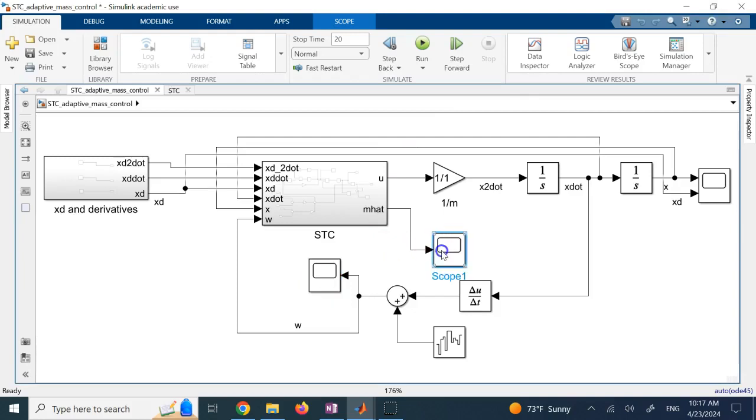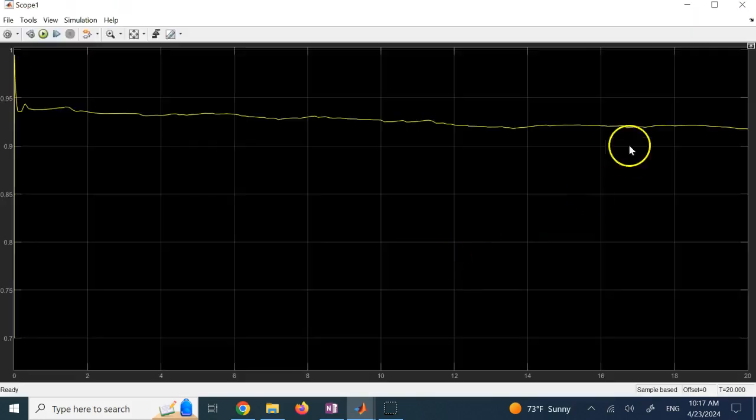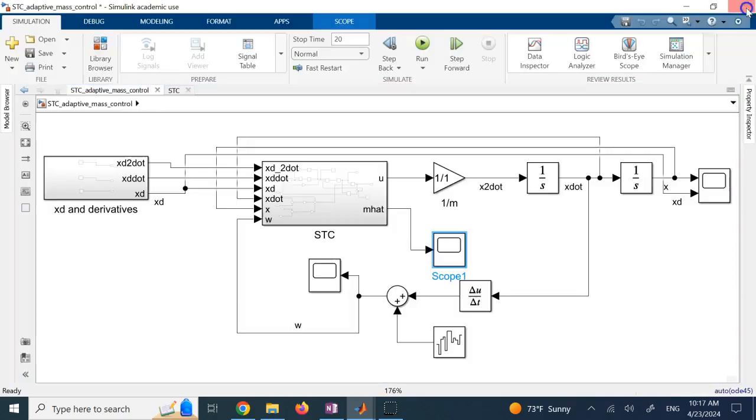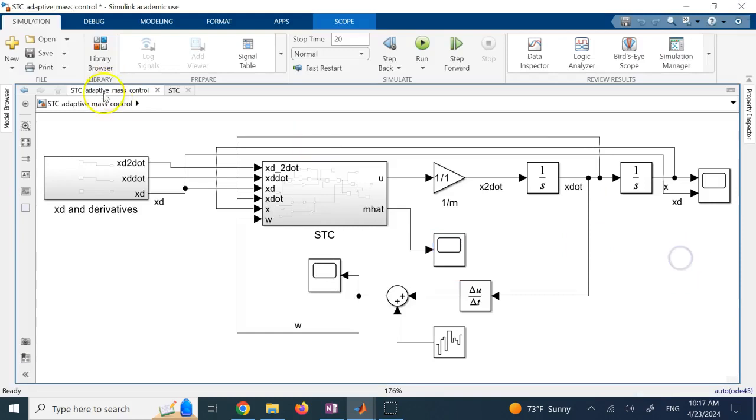Okay, and it is working, and your m hat is now not doing as great a job as last time. Seems like it's even reducing a little bit. Not only did it drop from 0.95, it is going a little bit down. So that is another thing: least squares is doing a good job, but when you have too much noise, the estimate of least squares is not perfect either.